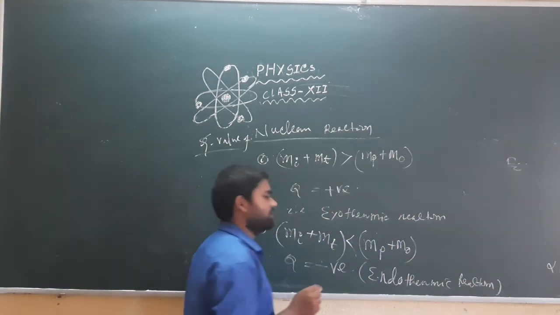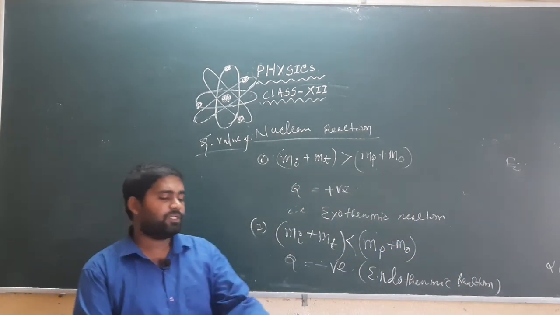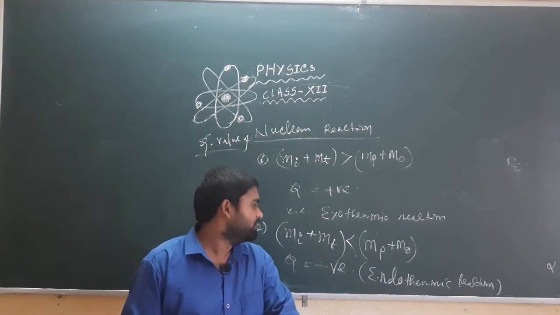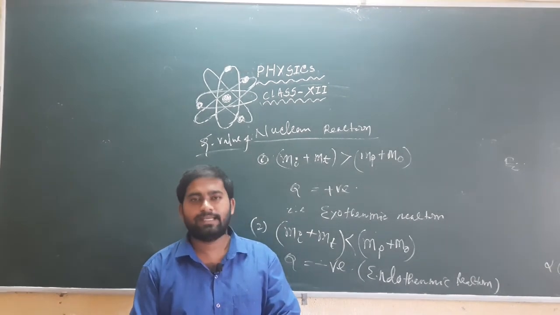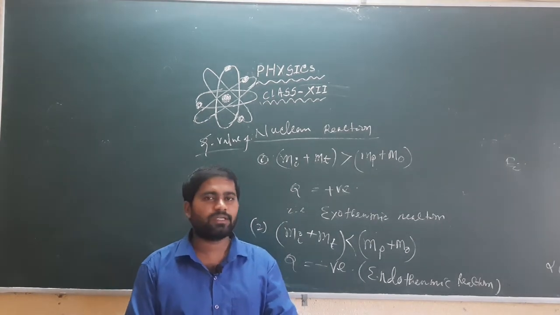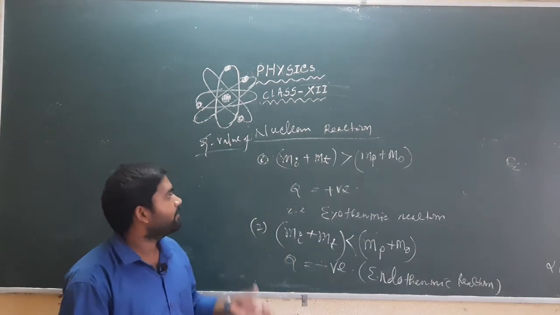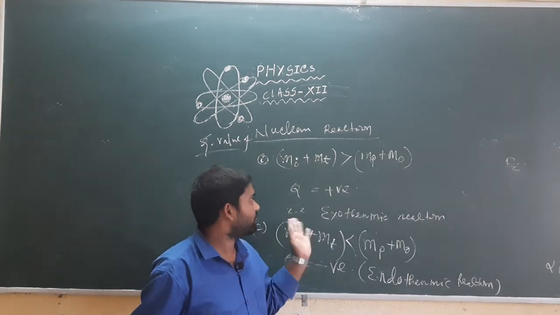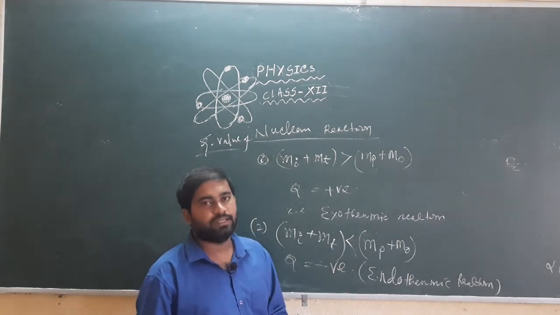So if we get a negative value of Q, the reaction is known as endothermic, and if we get a positive value of Q, the reaction is known as exothermic.